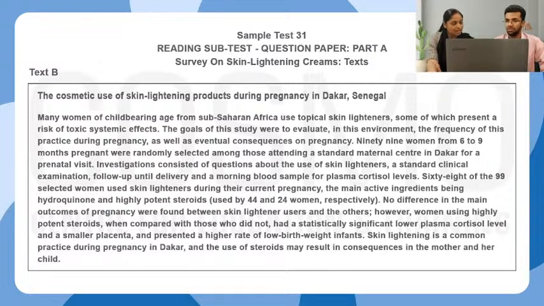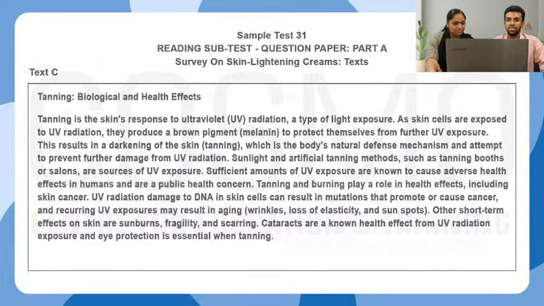You can also note down numbers, not just keywords. Numbers are also very important. Then here we got hydroquinone, then highly potent steroids. Then what else? Plasma cortisol level. A smaller placenta, that's also there. Then high rate of low birth weight infants. So I think we can move to text C.